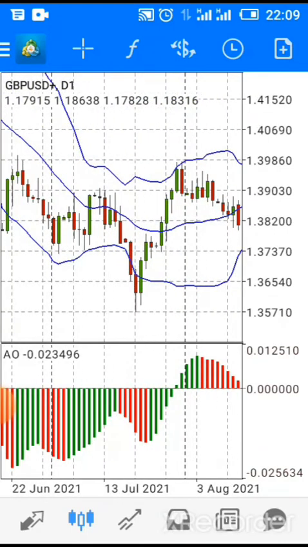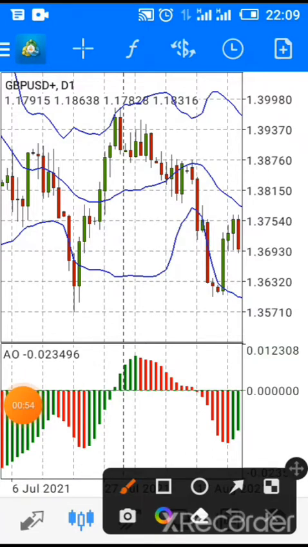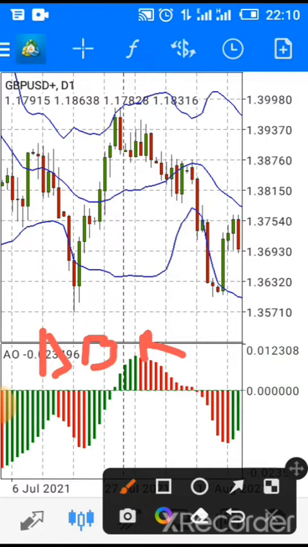Now, if you've not watched the video, there's going to be a video on how to identify demand zones. But very quickly, let's see what demand zones really are. Demand zones are areas where you have drop, base, rally, and sometimes also you can have demand zones where you have rally, base, rally.